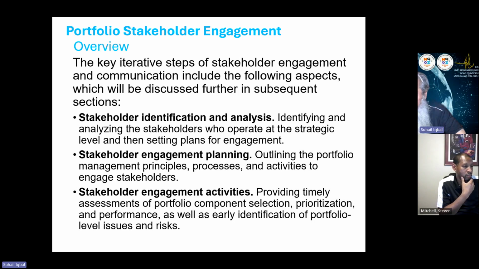So all those rules, processes, and principles relevant to the stakeholders may also be part of the portfolio governance. So there is a link between portfolio governance and stakeholder engagement.